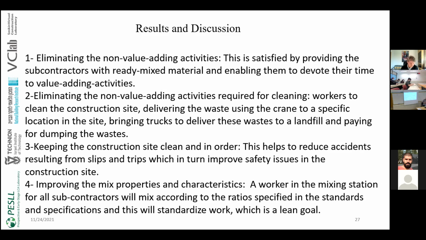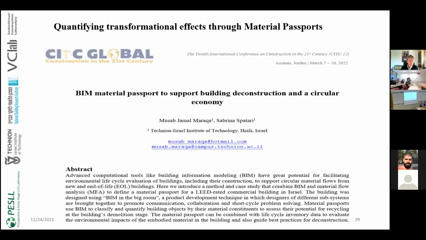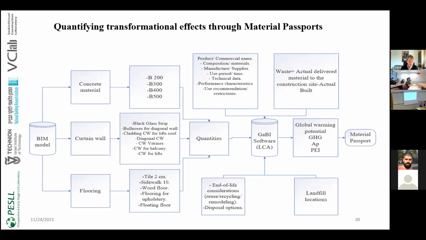Okay, I understand. Now, can you please open slide number 30? What do you mean by B200, B300, B400, B500? What is this? These are the types of concrete, like B200, B300, used in the project. The strength is like B200, 20 megapascal.